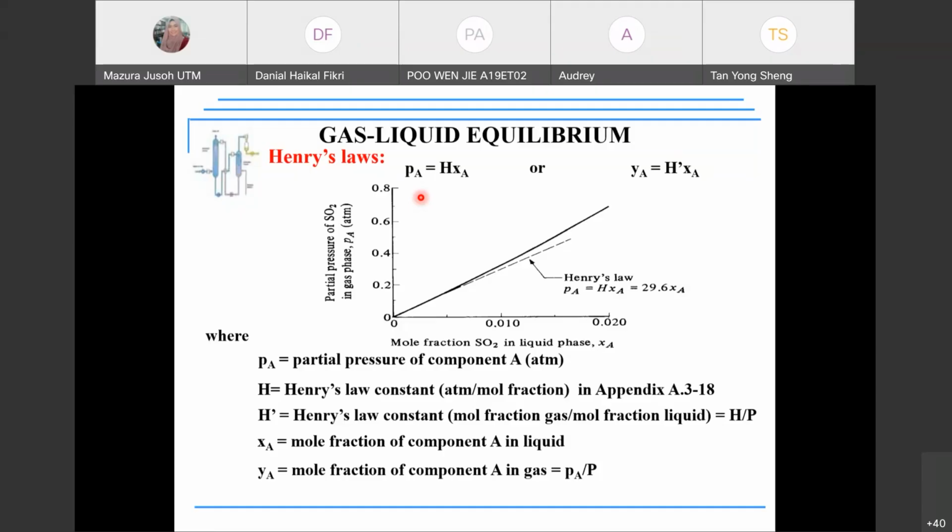So I'd like to know who here can tell me what is partial pressure of A. What is partial pressure of A? Can anyone tell me, or I will have to call out some names? Can anyone tell me what is partial pressure of A? So let me choose someone.